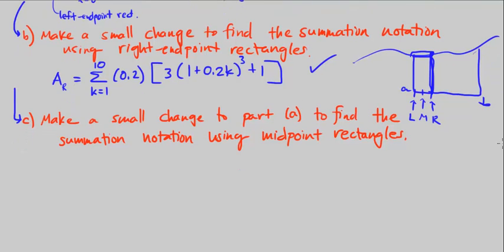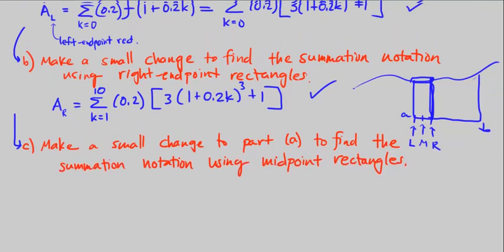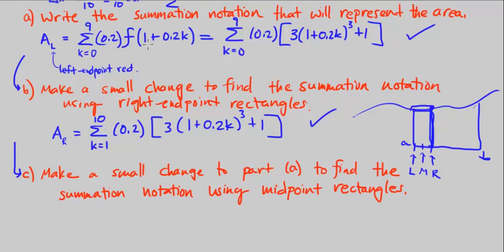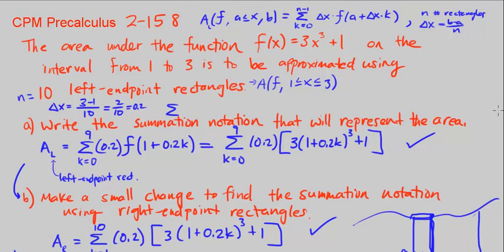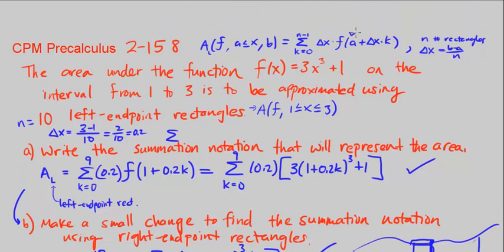So again, the small change, all we need to do is in our function here, instead of starting at a, for midpoint, we're going to start at a plus half of delta x. This is the big change.